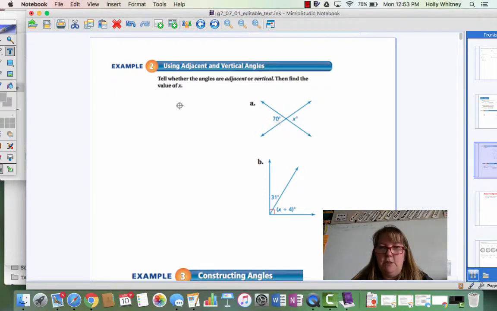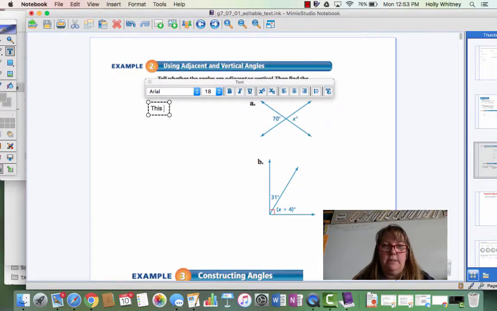And they're opposite each other. So this is a vertical angle. And we know that vertical angles have the same measurement. So X is equal to 70 degrees.